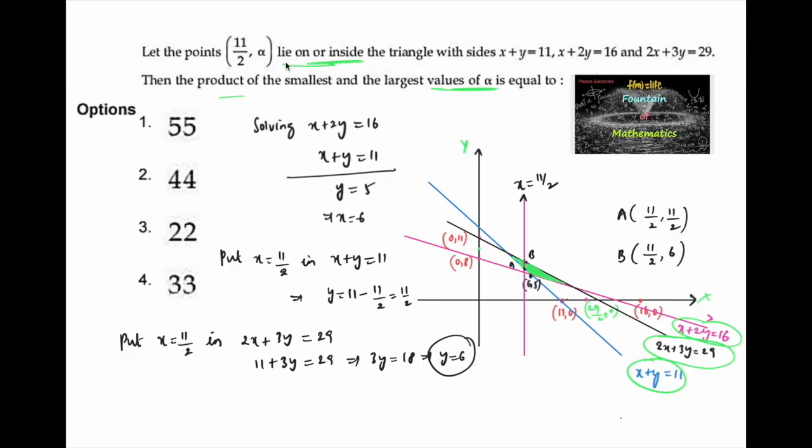So since it is lying on or inside the triangle, (11/2, alpha), we can consider the smallest value is 11 by 2. So the smallest value of alpha is 11 by 2. And the largest value is maximum 6.